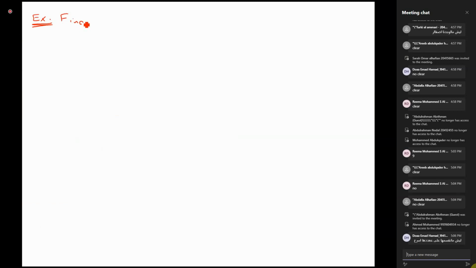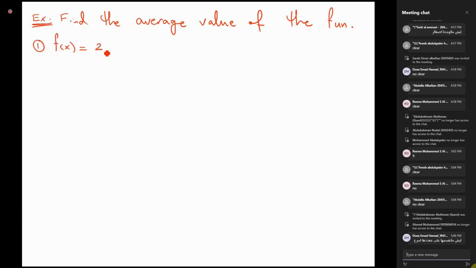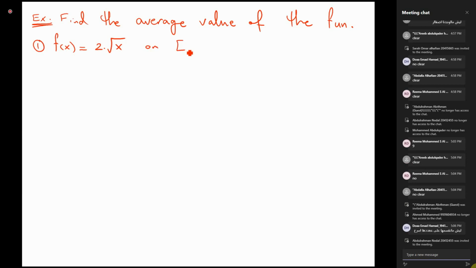Example about this. Find the average value of the function number 1, f of x equal to radical x, on the interval from 1 to 4.